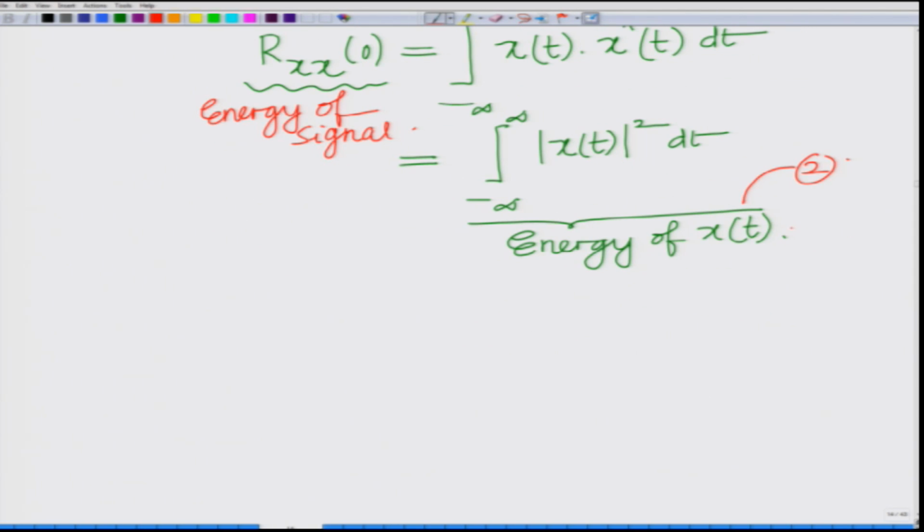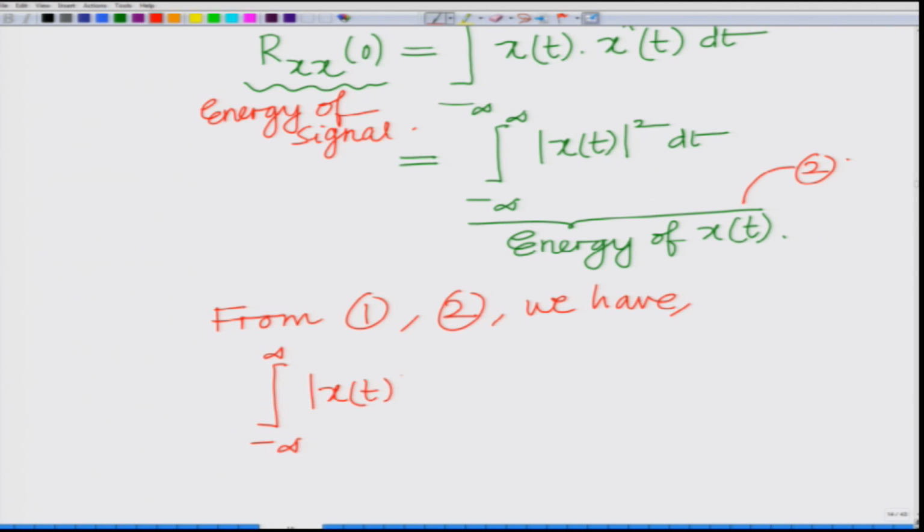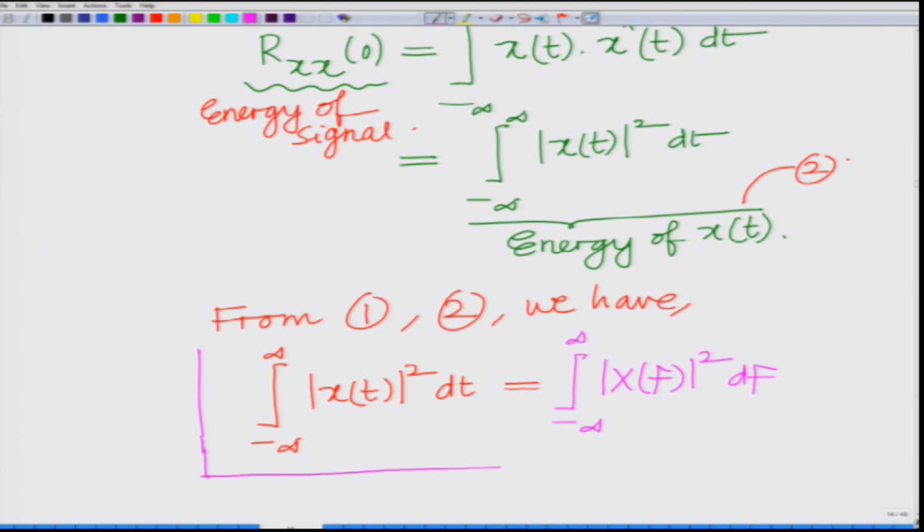From results 1 and 2 we have Rxx(0), that is, the integral from minus infinity to infinity of magnitude x(t) squared dt equals the integral from minus infinity to infinity of magnitude X(f) squared df, and this is nothing but the Parseval's relation.